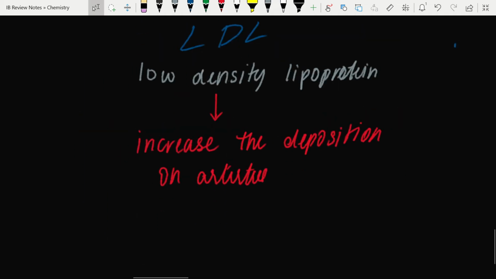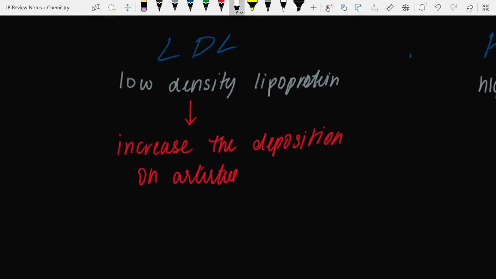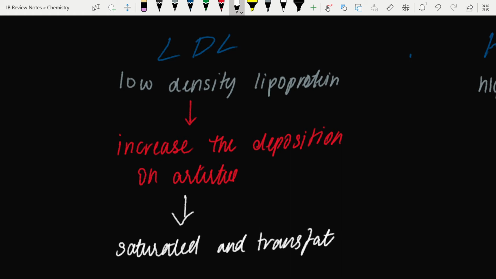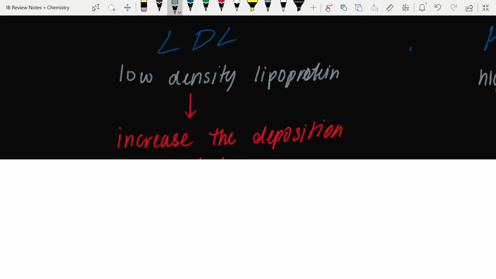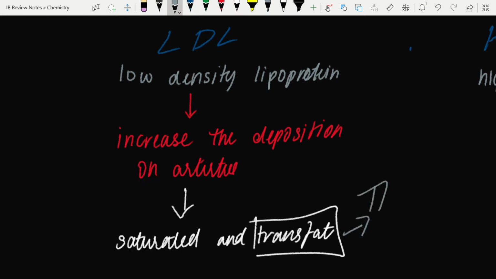And this is especially true for saturated and trans fat. Trans fat is the worst. You do not want to eat trans fat. It is very bad for you. So you want your LDL to be really low so you won't have clogged arteries.